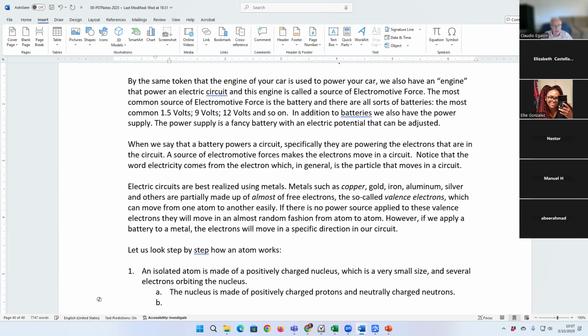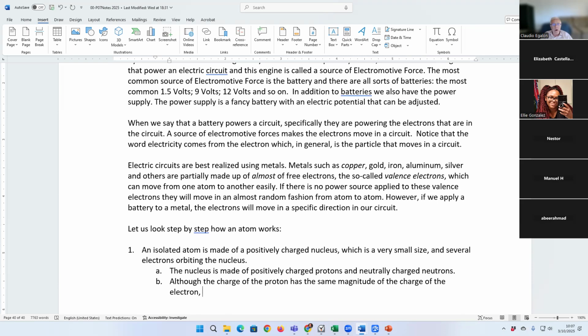What else do you have to know? Although the charge of the proton has the same magnitude as the charge of the electron, the mass of the proton is almost 2,000 times higher than the mass of the electron.